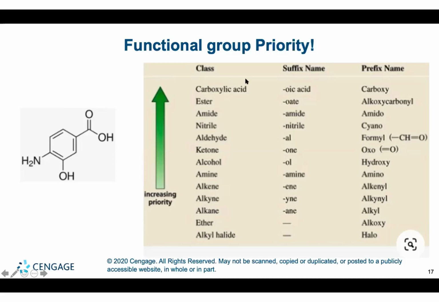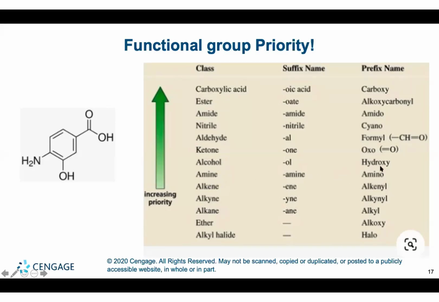I go with the priority group. I see that carboxylic acid, COOH, is higher priority than the OH group, which is hydroxy or alcohol, because it's increasing priority, and also even higher than amine, or NH2.